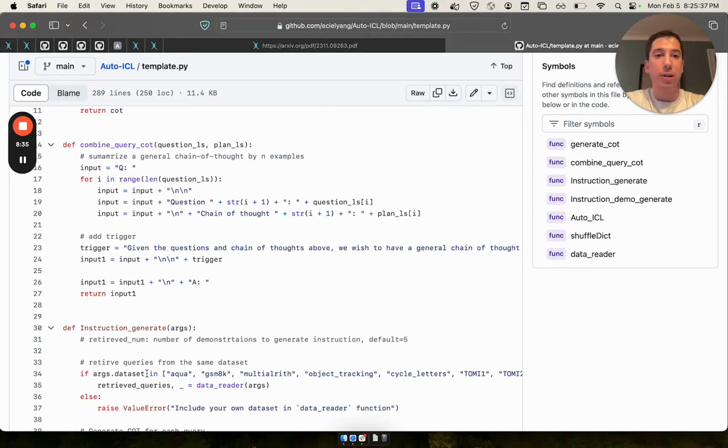So this is pretty cool work in that it's very easy to work with. It seems like it will generate good demonstrations to actually work with and provide you with an improved result on your in-context learning task.